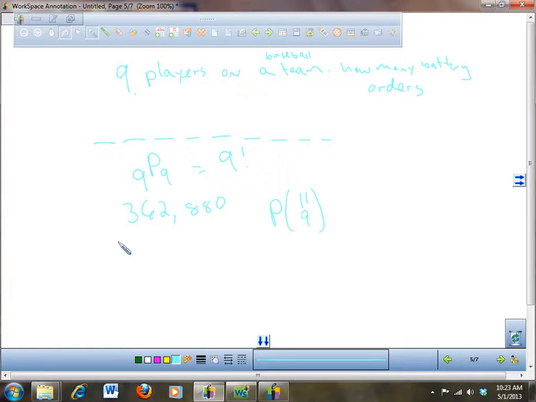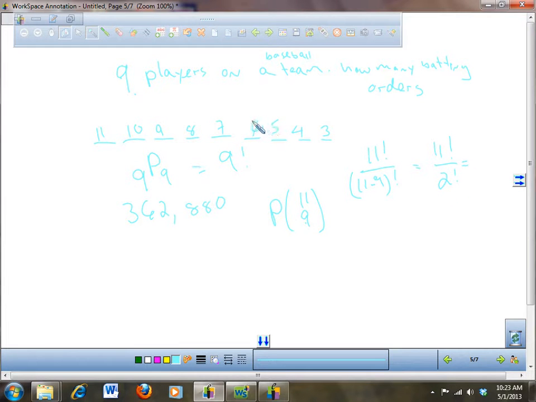So it would be 11 times 10 times 9 times 8 times 7 times 6 times 5 times 4 times 3. Now you have 1, 2, 3, 4, 5, 6, 7, 8, 9. Or you could think of that as 11 factorial over 11 minus 9 factorial, which is 11 factorial over 2 factorial.